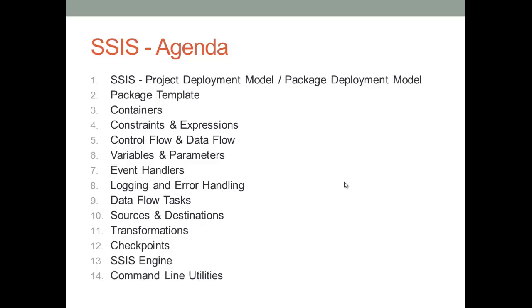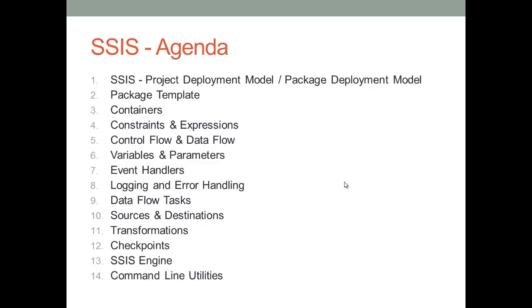This package template will be useful for creating all the necessary packages at a later point of time, so we will create it at the beginning itself. And we are going to explore the containers: sequence container, for loop container, and foreach loop container in detail. And we are going to explore constraints and expressions, and we will build some samples.